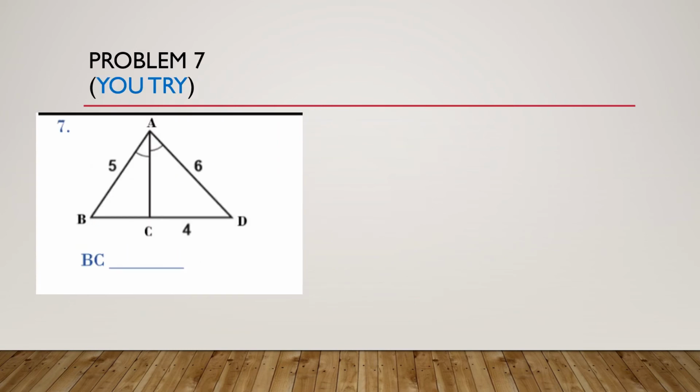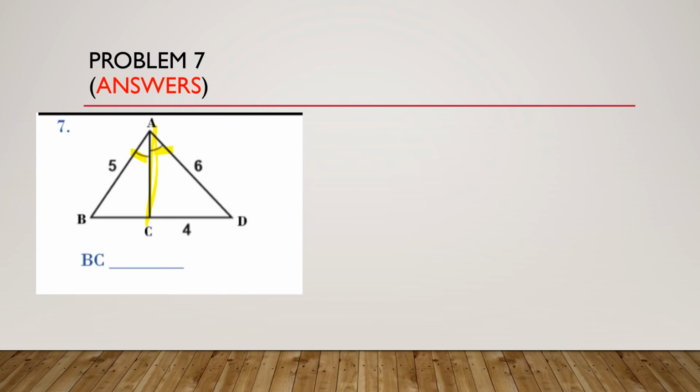Now we're going to skip to problem number 7. Again, if you haven't solved it yet, pause the video, go ahead and solve, and then come back. In this one, we are going to be using the angle bisector because if we notice, AC here has bisected this top angle. We can tell that because the two sides are equal to each other.